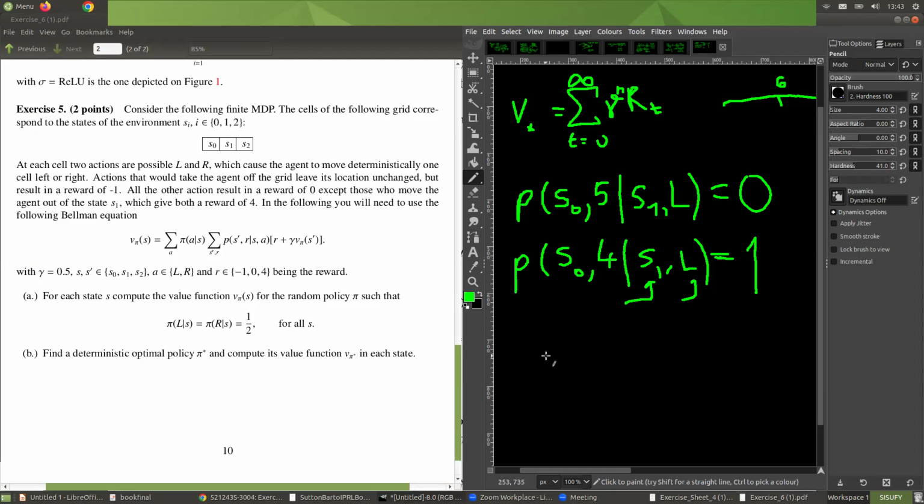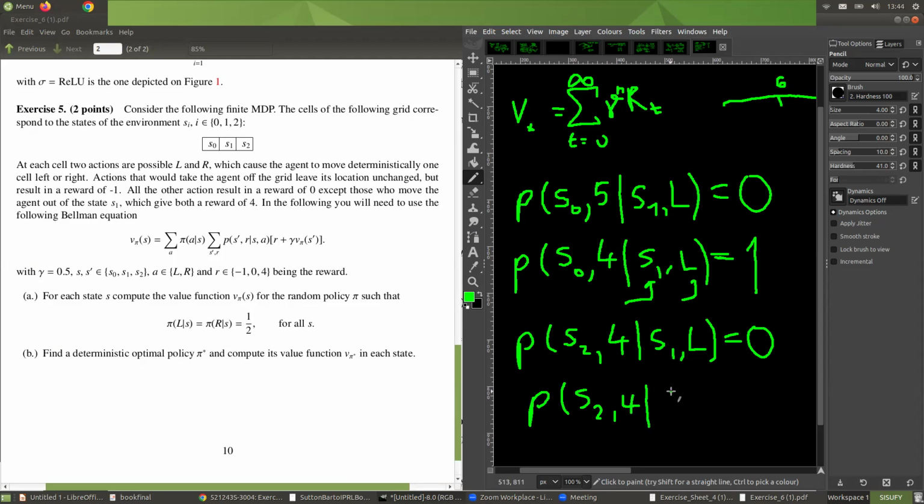So that's exactly what will happen, with probability 1. If I ask what is the probability that I go to state S2 and get reward 4 given the same conditions, S1 and left, that's 0, because I don't move to S2 from S1 if I go left. But if I look at the probability of going to S2 and getting reward 4 from S1 applying the action right, then this probability is equal to 1.